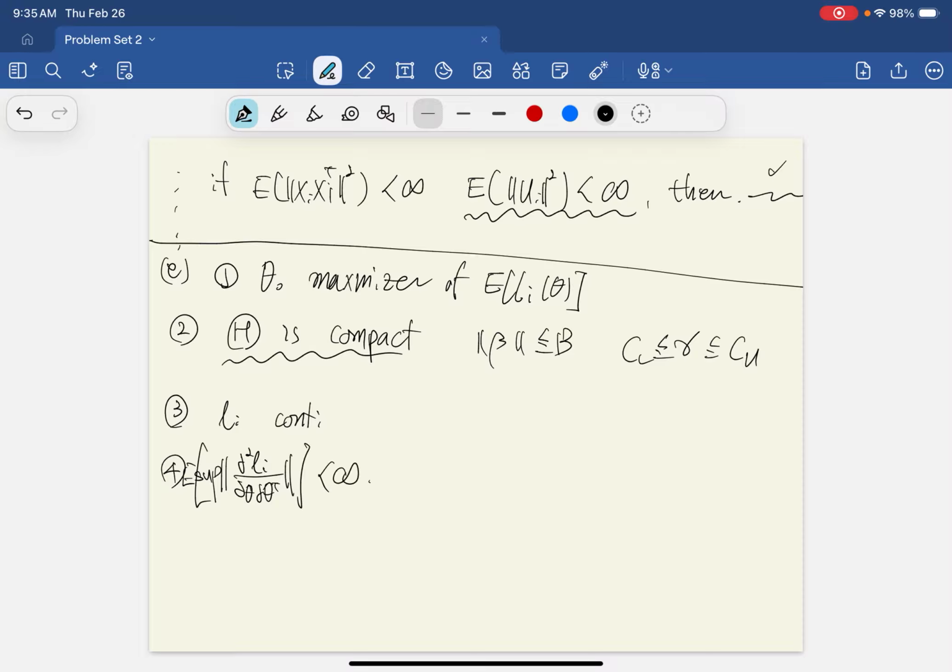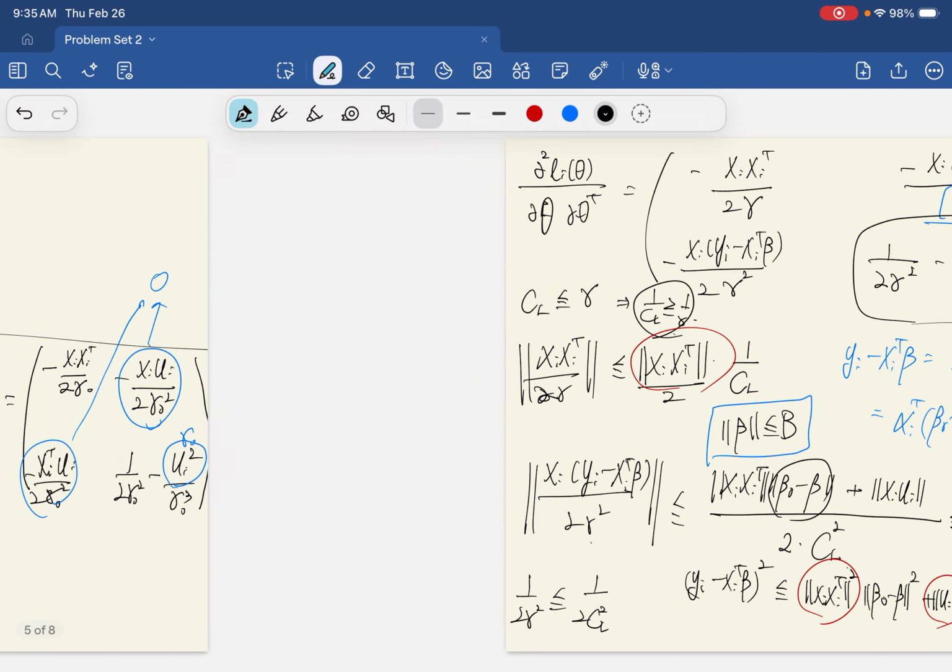We just proved that here. And fifth, H is non-singular. I forgot to mention that. And sixth, you calculate omega, and then we will do this.